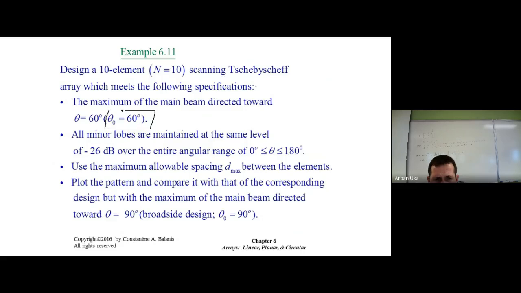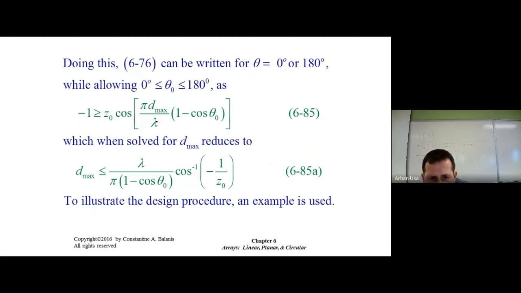For example, we can have an antenna which is not broadside, but it can be directing the power at an angle of 60 degrees.